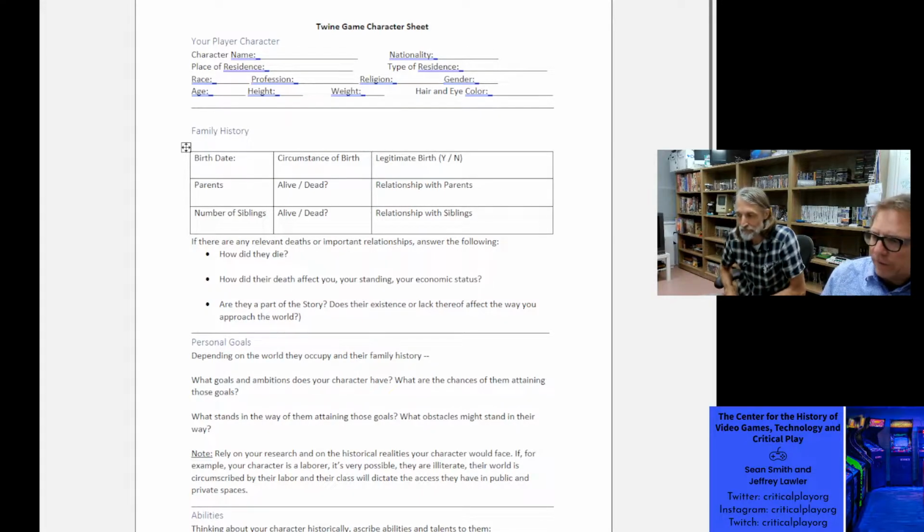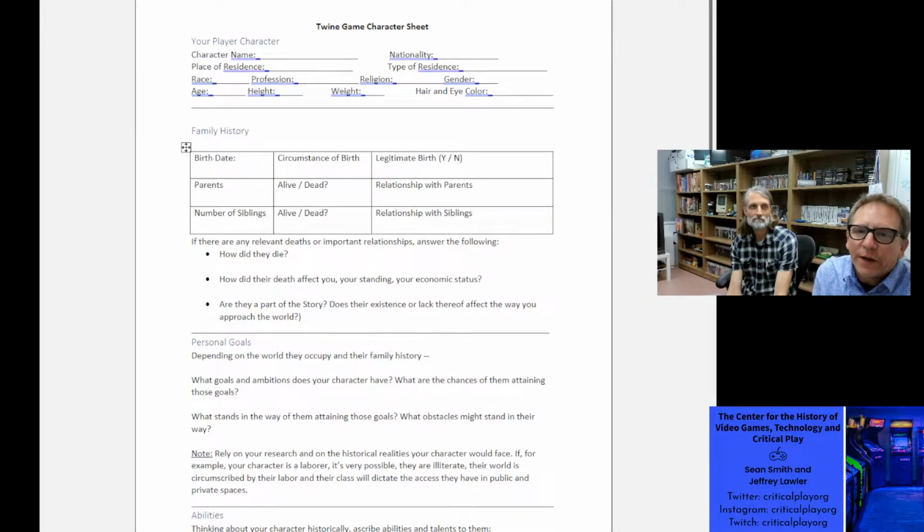And so with Twine, and especially in previous projects, a lot of our students want to try to impress us with, like, look what we're doing with Twine, and that's great. But often it means using Google search photos or using modern music that is supposed to replicate the time period, but sometimes they don't get it quite right, or they're using sound effects that wouldn't necessarily be a part of this world.